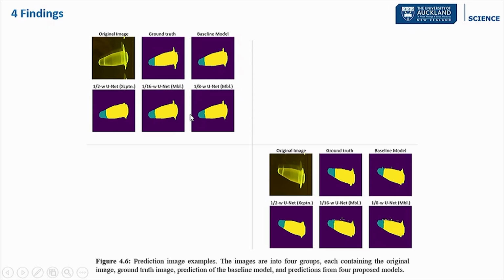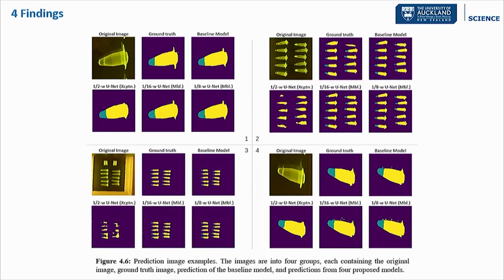For the image only containing one single tube, all of the models perform quite well. But when it comes to multiple tubes in the image, the alpha MobileNet v2 still keeps a good performance, but the alpha Xception somehow suffers a loss.